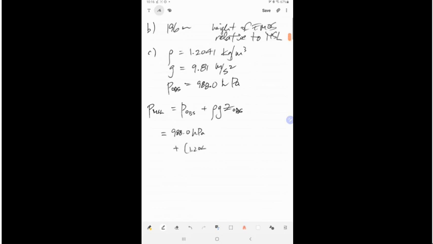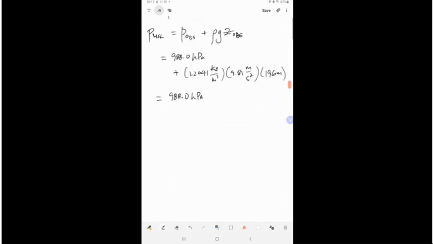Density 1.2041 kilograms per meter cubed times the acceleration due to gravity of 9.81 meters per second squared times the height of EMOS as far as the observation goes, 196 meters. Okay, so let's go ahead and carry this forward. You'll notice that I'm being quite meticulous to keep my units together here. You're going to see why momentarily.